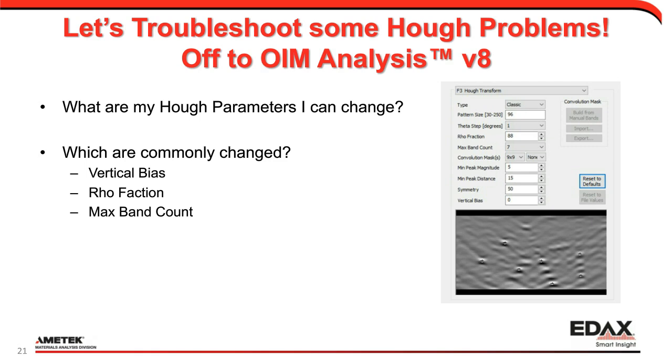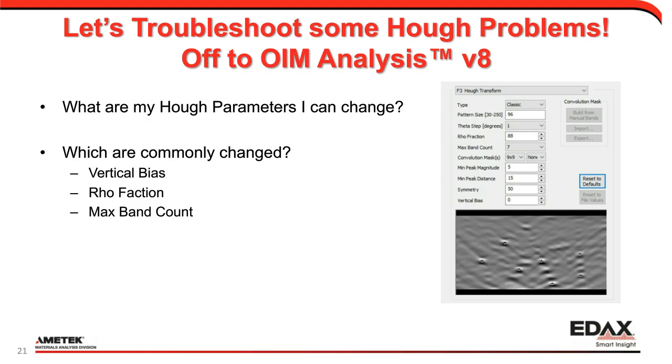Let's say I had everything down here in the bottom right-hand corner. That's not really giving me an orientation for the whole pattern. It's taking a subpart of this pattern, and that's not really what I want. I want full coverage over the full Hough area. So I can change these minimum peak distances and spread it out, or I can change this minimum peak magnitude to make sure I'm getting stronger peaks.